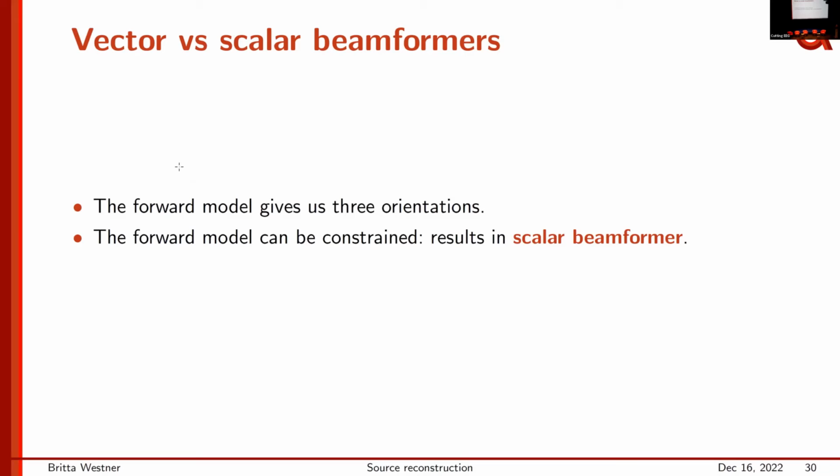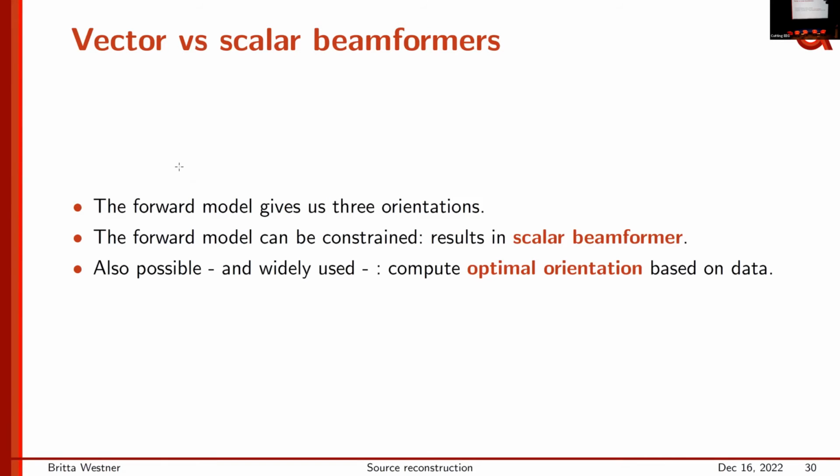And now you can either take all 3 orientations and build one spatial filter for each of those 3 orientations. That's a vector beamformer because your weights are vectors, or you can constrain the forward model to just one orientation, and that results in a scalar beamformer because you throw away 2 orientations.